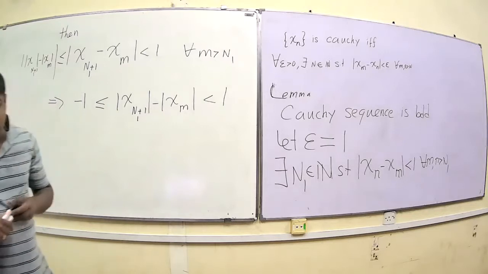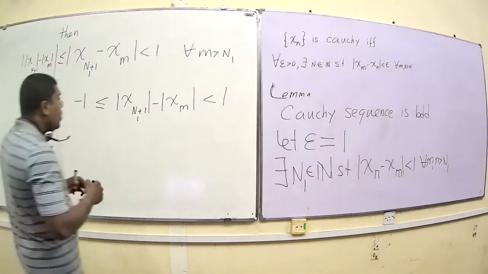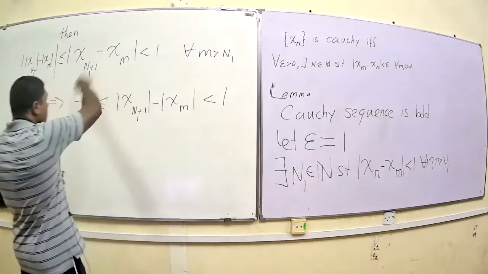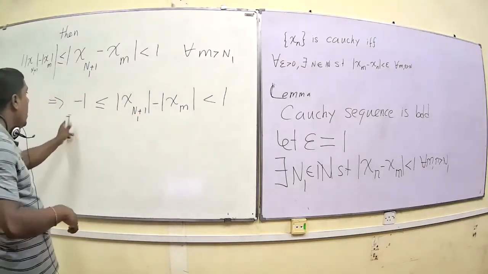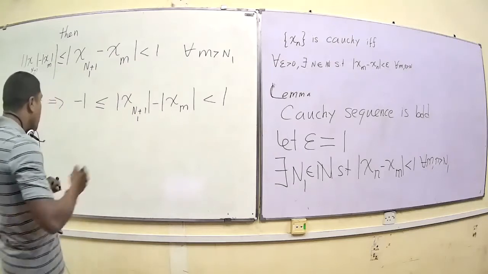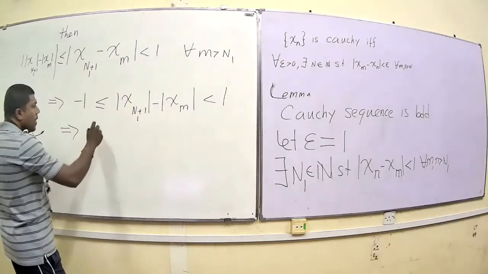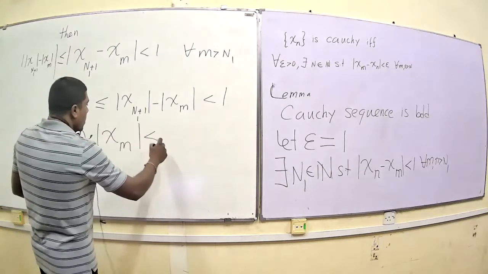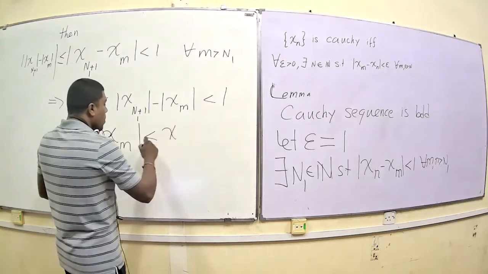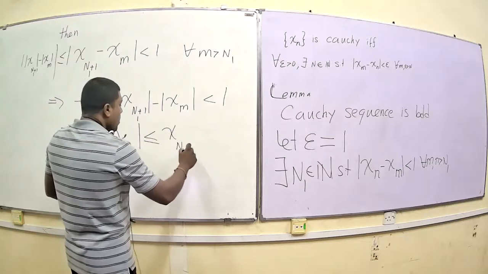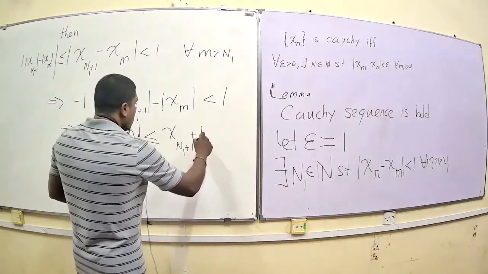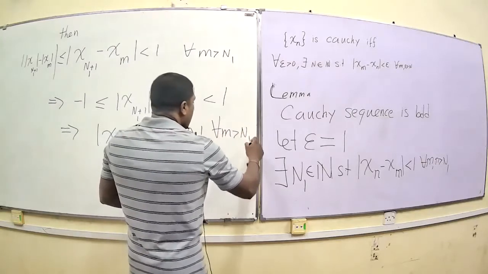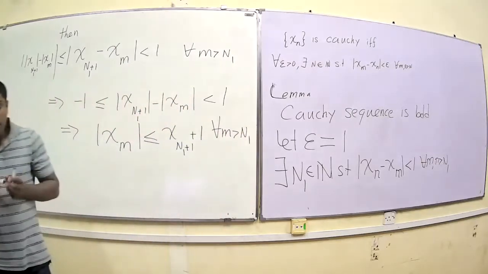Now you can move this 1 over, and what you get is that the absolute value of xm is less than or equal to the absolute value of xn1 plus 1, plus 1, for all m greater than n1.